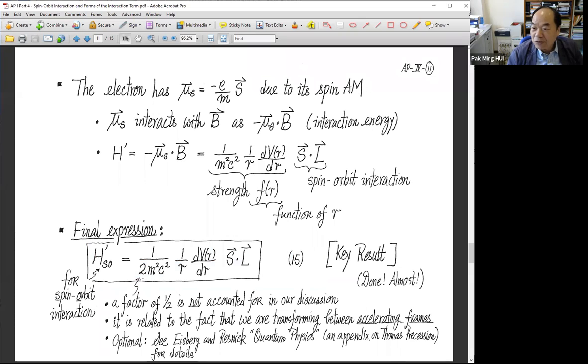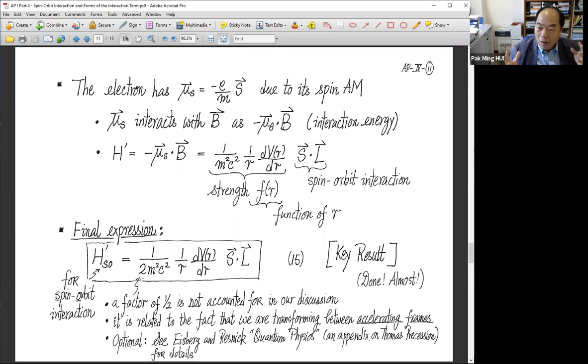Another way is to spend 4 hours or so to understand what the Dirac equation is about, and then from there work out how an electron moves in an external field, and then suddenly you will see the spin-orbit interaction term in complete form.